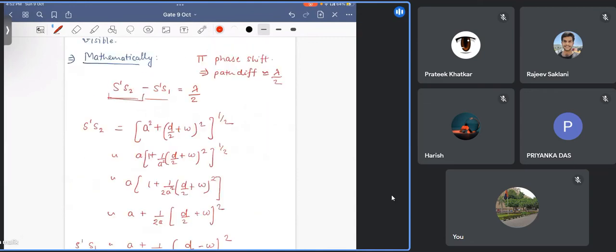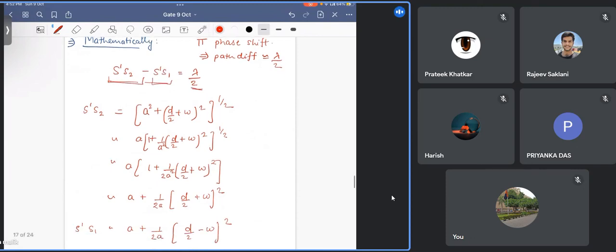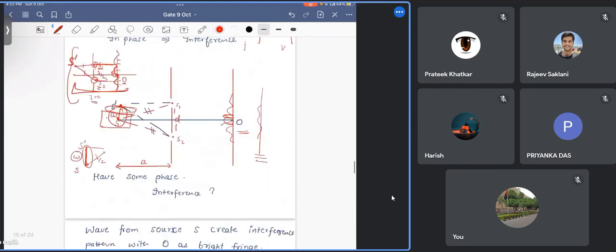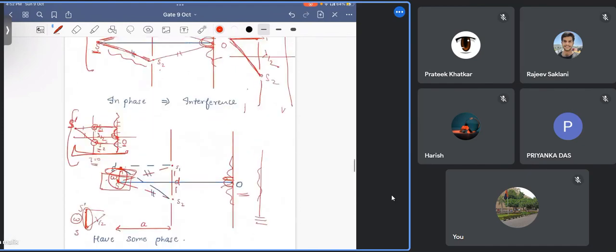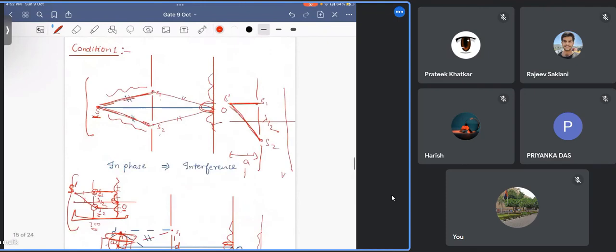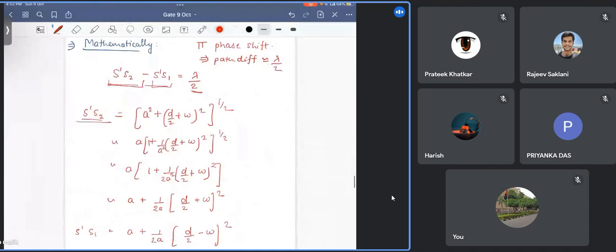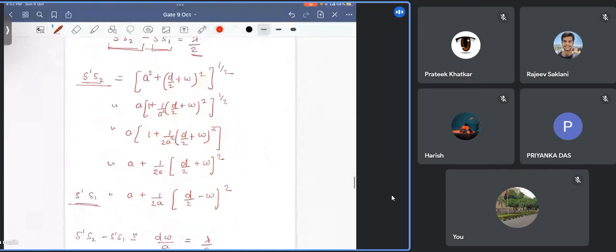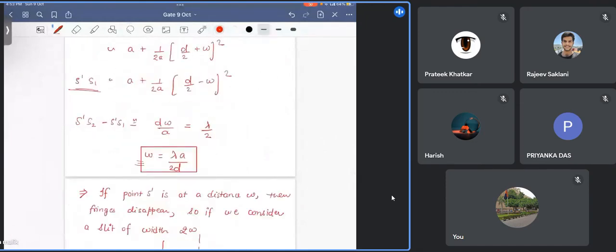So here if we put S dash S2 minus S dash S1 as lambda by 2, we will see that the intensity vanishes. Here A is the distance, this distance is A, this is D, and the width here is W. So again we do the same thing to calculate S dash S2 and similarly S dash S1, and we subtract them, then we get the width.